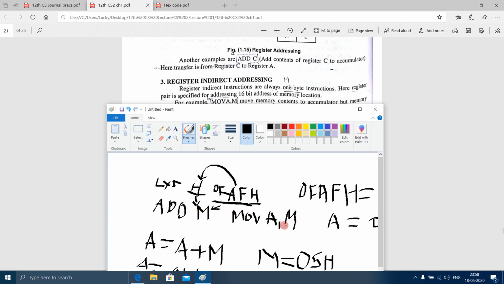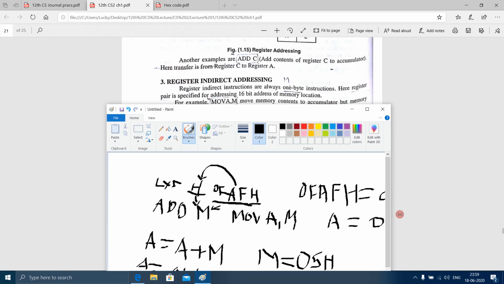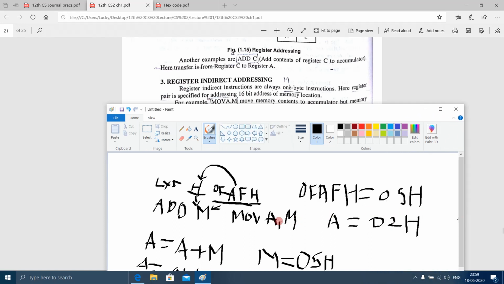So instead of ADD M, if I would have used MOV A, M, what would have happened? The contents of memory would have been copied into the accumulator. For example, here M was 05. This location points to the memory, and the contents stored at this location is 05.